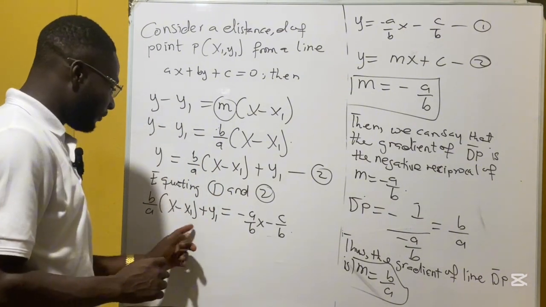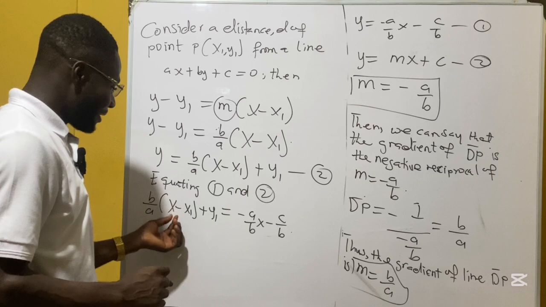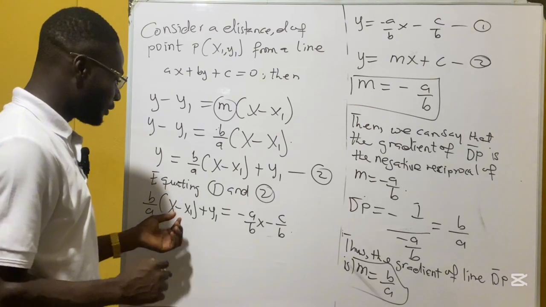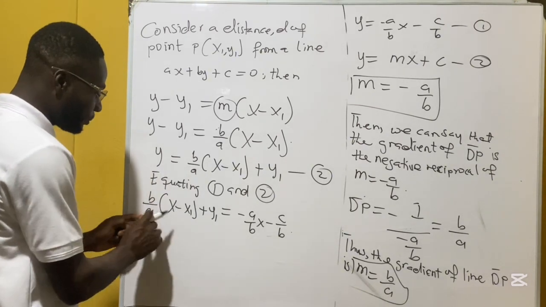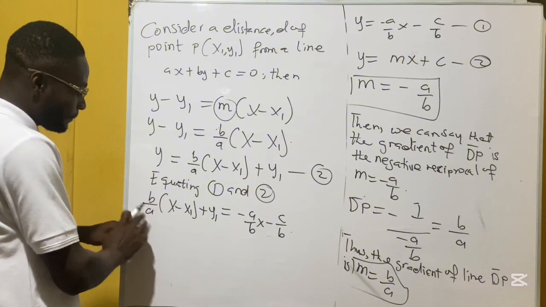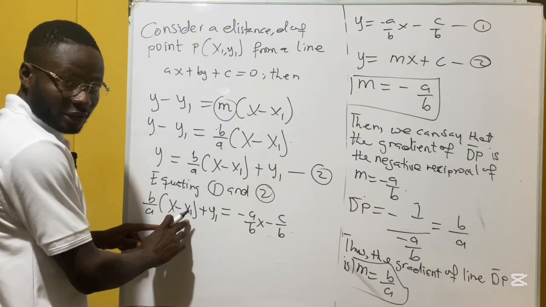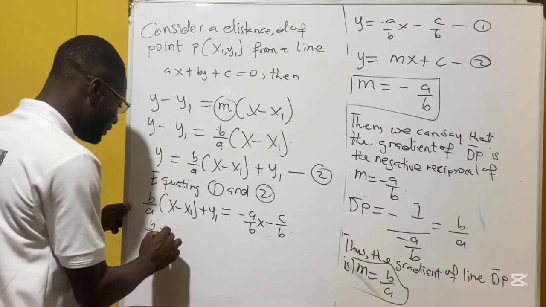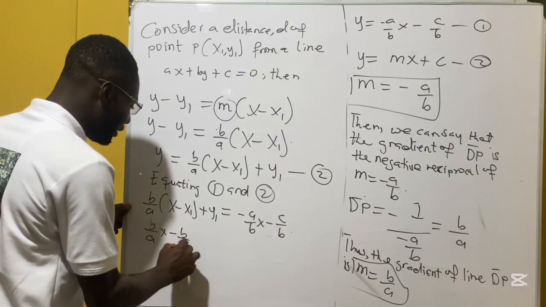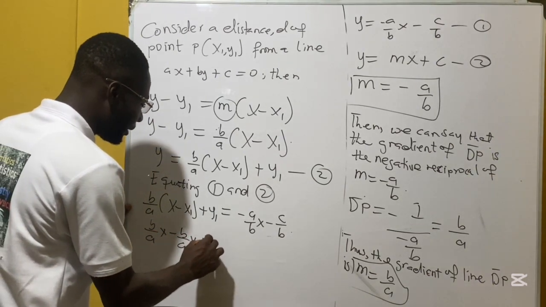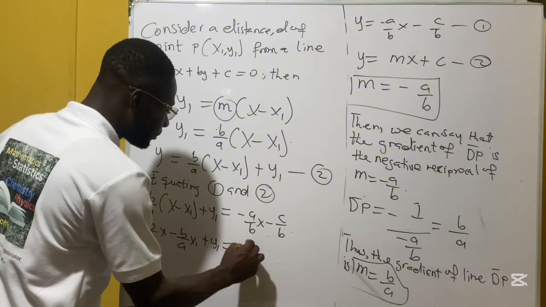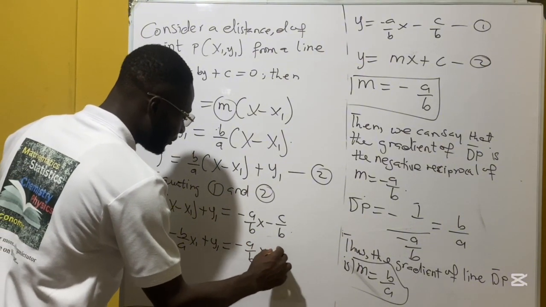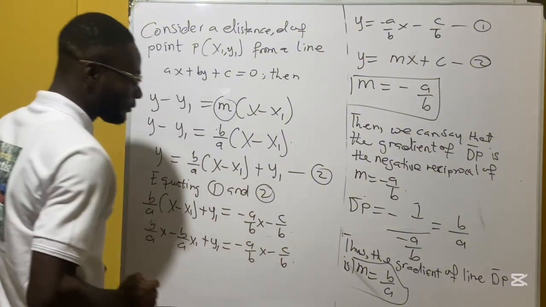So we can make x the subject in here, right? So let's try to spread the b over a throughout this information here. So we're going to have b over a x minus b over a x1 plus y1 equals minus a over b x minus c over b.